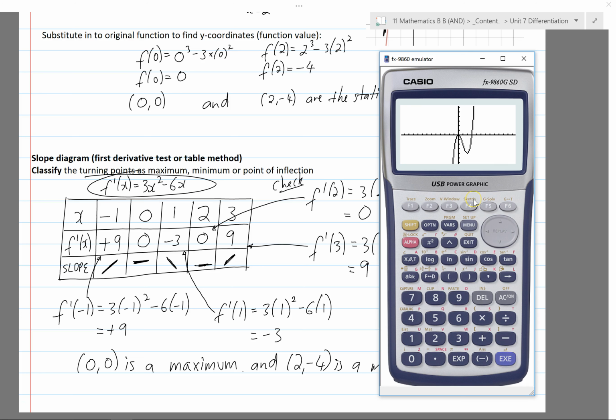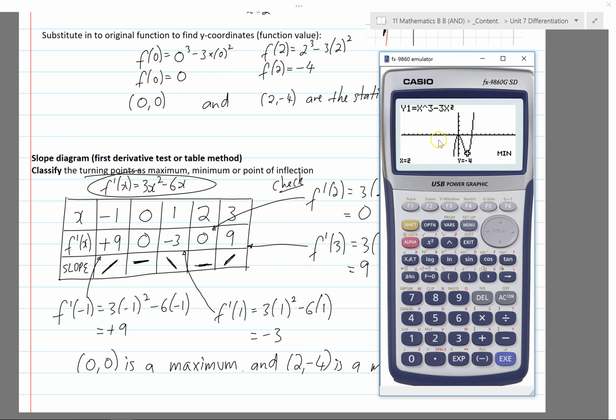Okay, from here I want to find the coordinates of this maximum and this minimum point. For that I want to G-solve, so F5, and I'm trying to find some maximum value. It'll think for a second and then tell me it's at 0, 0, confirming what I did algebraically. If I want to find some minimum value, I'll get the same thing, 2, -4.